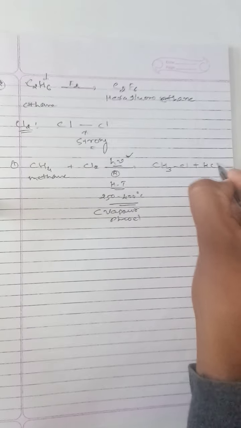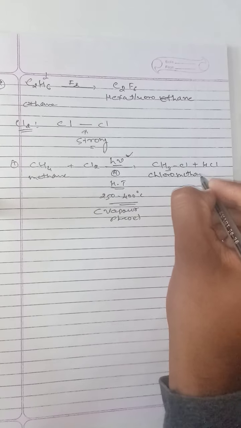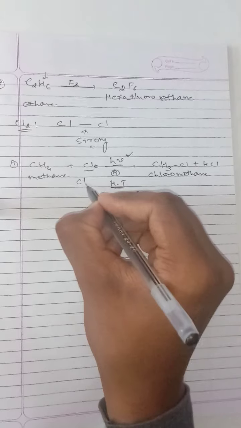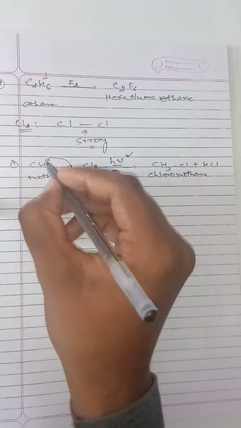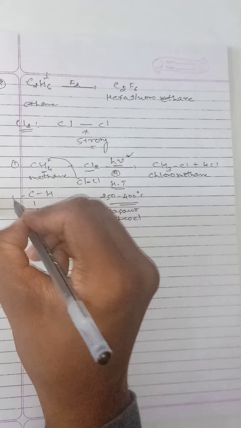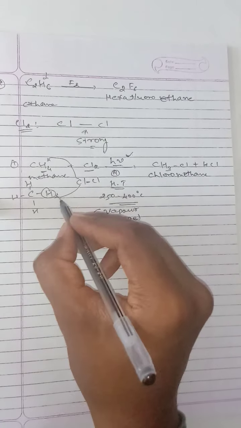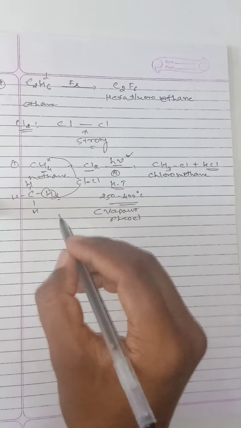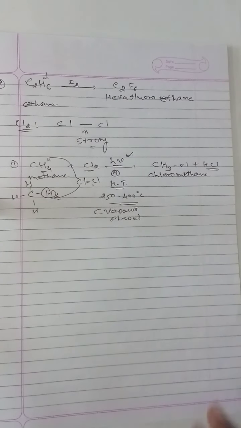We get CH3Cl plus HCl, chloromethane. Here one chlorine atom is attached with this hydrogen and we get hydrochloric acid, and another hydrogen is replaced, that is chloromethane.